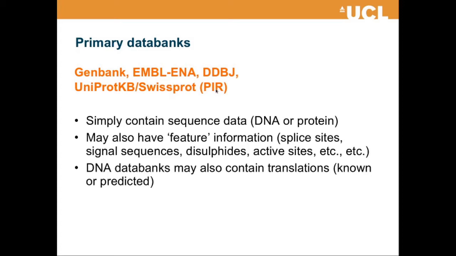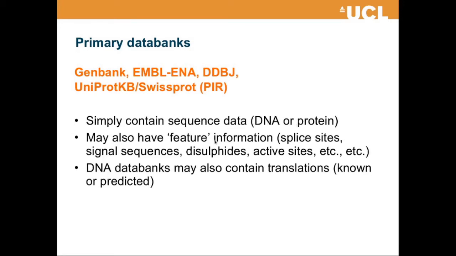Now, some years ago, these resources, PIR and the people who looked after SwissProt and TrEMBL, they merged together to form UniProtKB, which is Unified Protein Knowledge Base. And we still have SwissProt and TrEMBL within that, but this resource is the key place where we store protein sequence data.